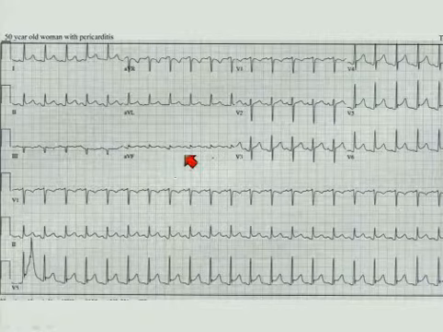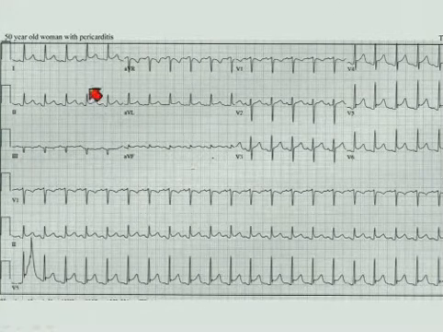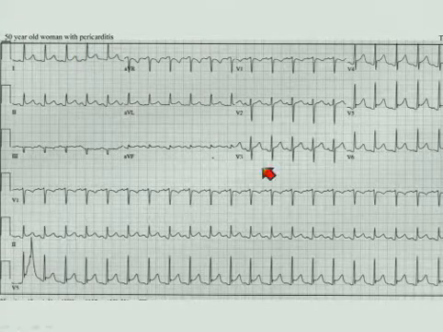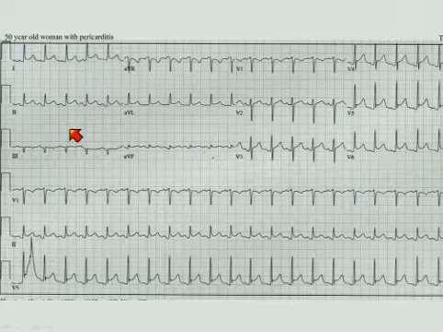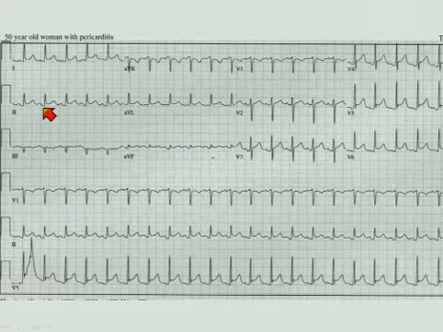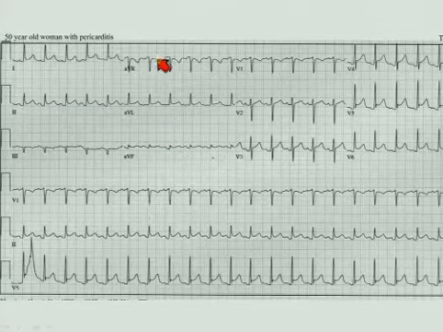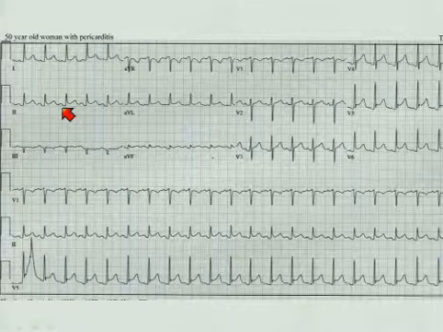Let's go on. Here is a classic example of pericarditis. There is diffuse ST segment elevation, concave ST segment elevation, but more characteristically, there is TA, or PR segment depression, elevated in lead aVR, representing the atrial inflammation.